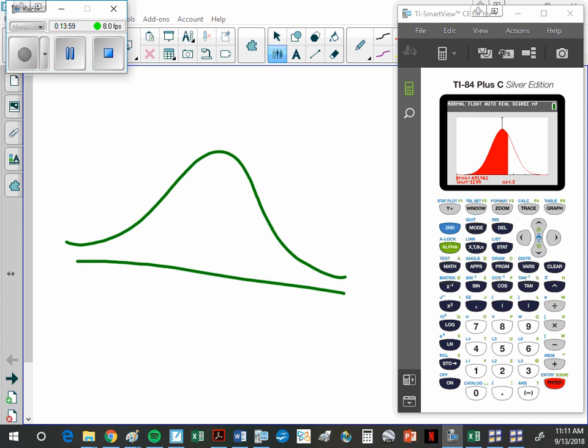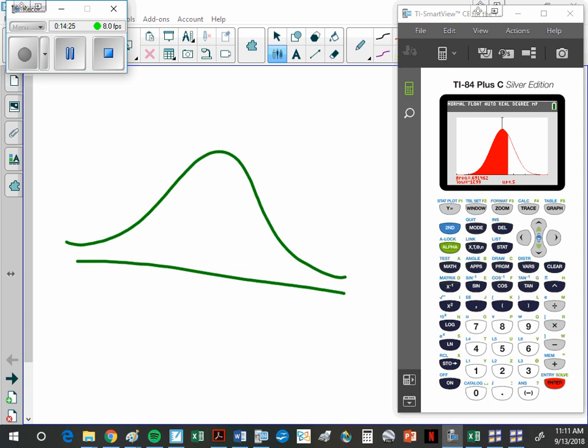Histogram. Histograms are exact because that's the data. The area in the histogram is exact because it is the actual data. And they approximate, they're about the same as the area under the normal curve. Okay? And the cool thing is, the more people you survey, the closer the histogram comes to the normal curve.